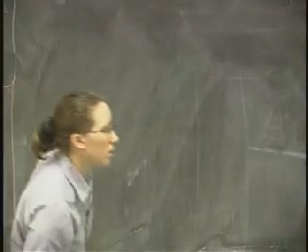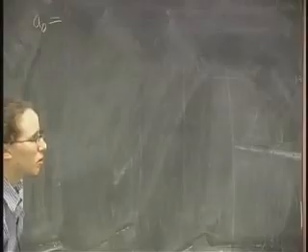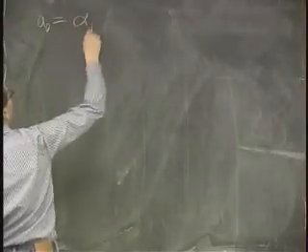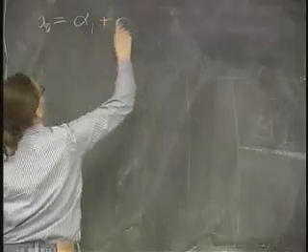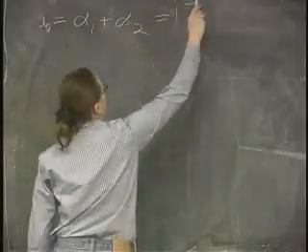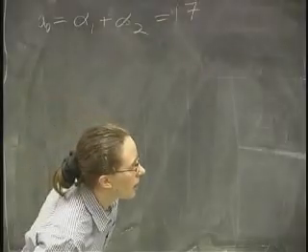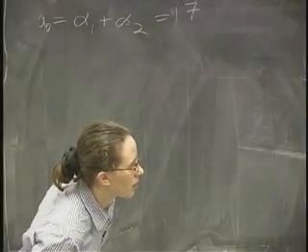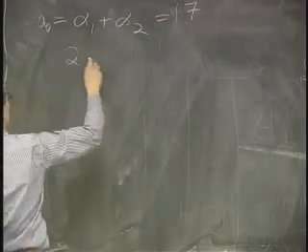If I look at my formula, A0 is supposed to be alpha 1 times 2 to the 0, that's just alpha 1, plus alpha 2 times minus 1 to the 0, so that's just alpha 2, and this is supposed to be 17. And then A1 is supposed to be 23, and that's also 2 alpha 1 minus alpha 2.